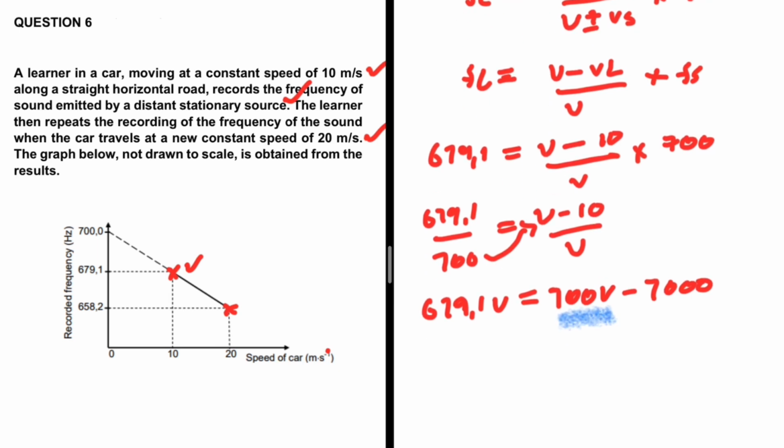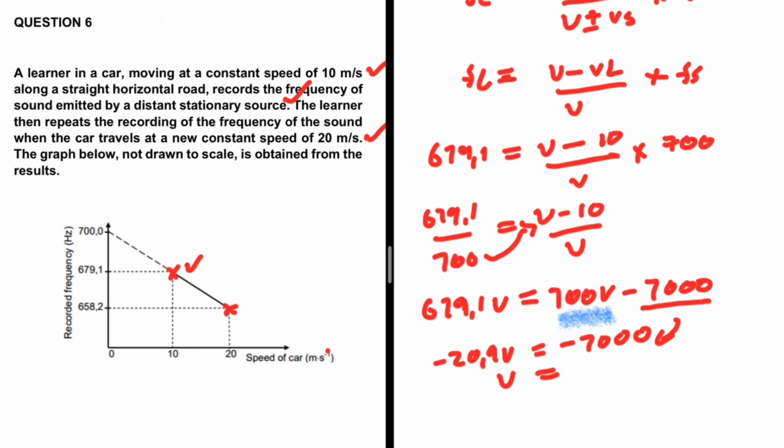So I just need to put that in my calculator. 679.1 minus 700, that is minus 20.9. So minus 20.9 V is equal to minus 7,000. So V is equal to minus 7,000 divided by minus 20.9.